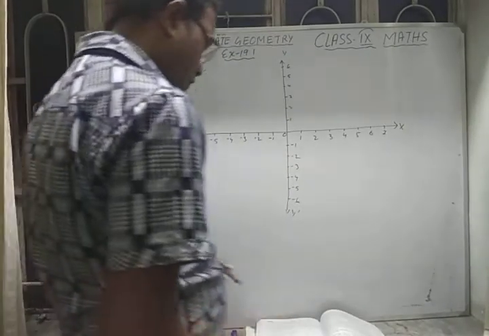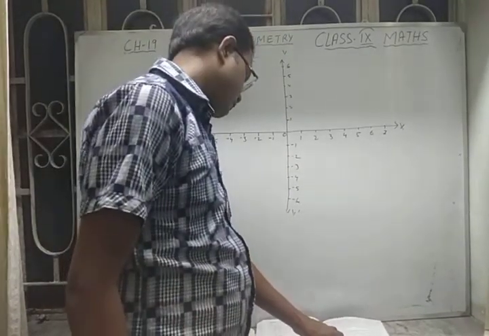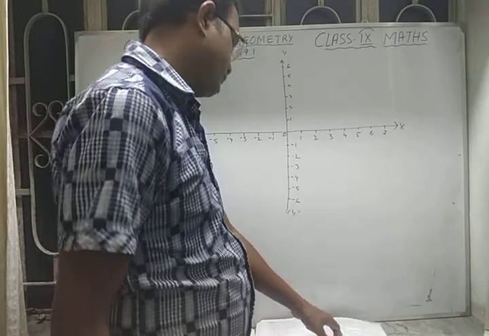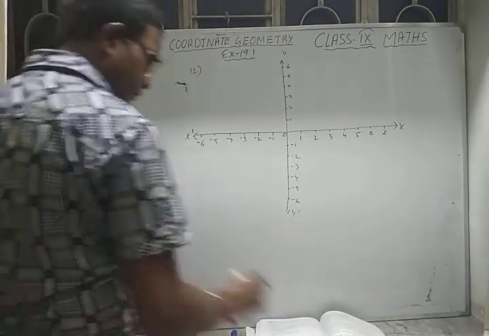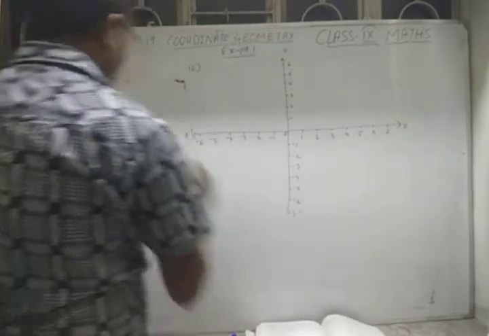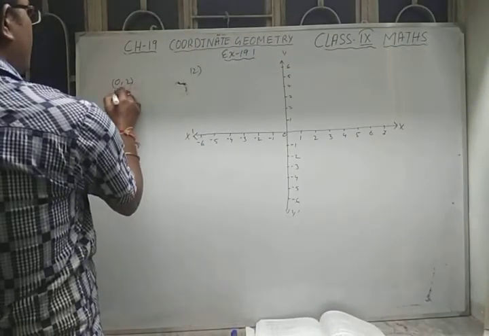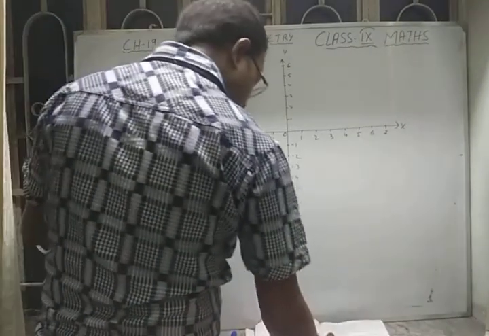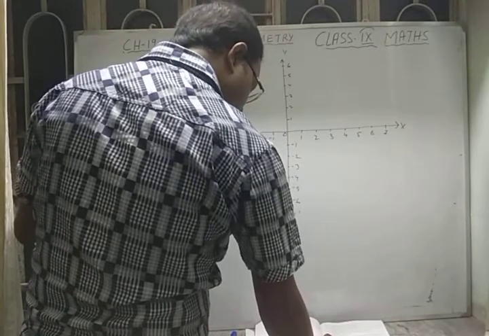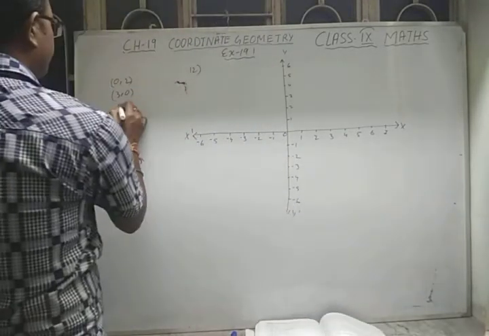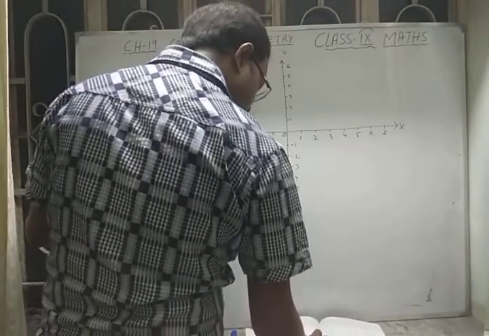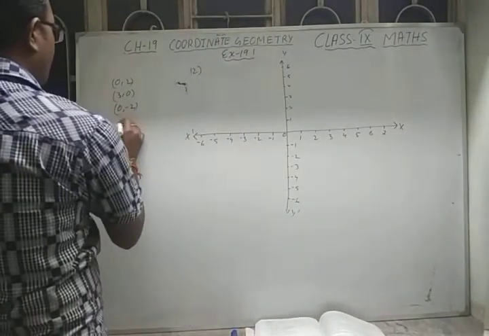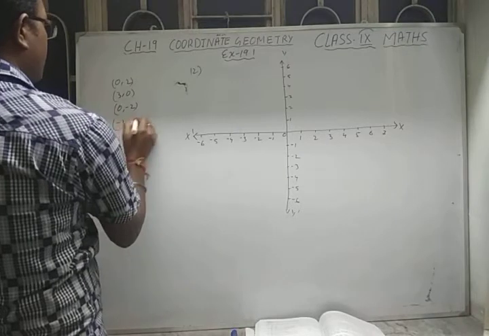Now the coordinates are given. First of all, the points are (0, 2), then (3, 0), then (0, -2), after that (-3, 0).